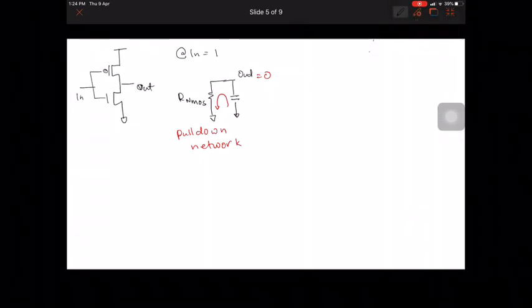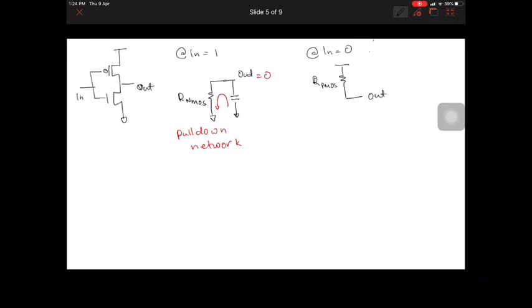Okay, so now when the input is 0, the PMOS resistor is activated and the output is pulled up to VDD.